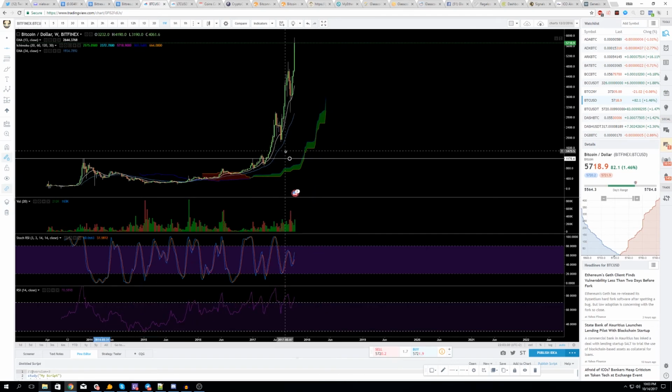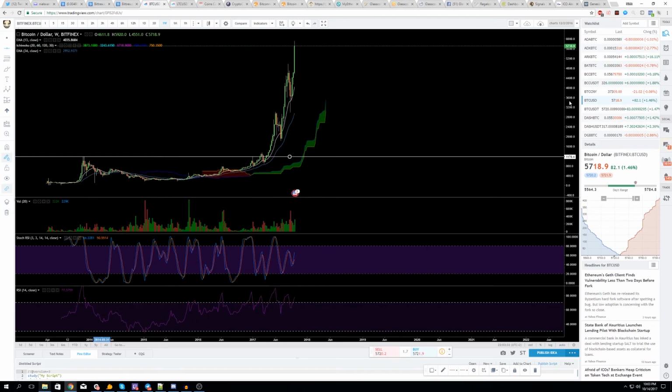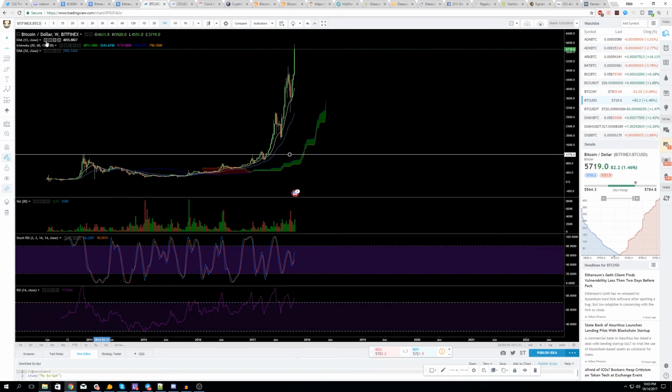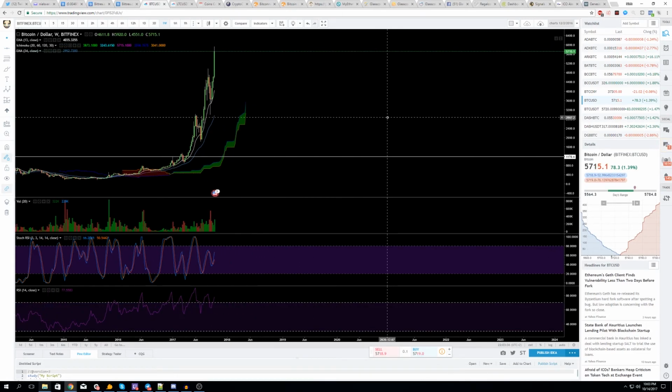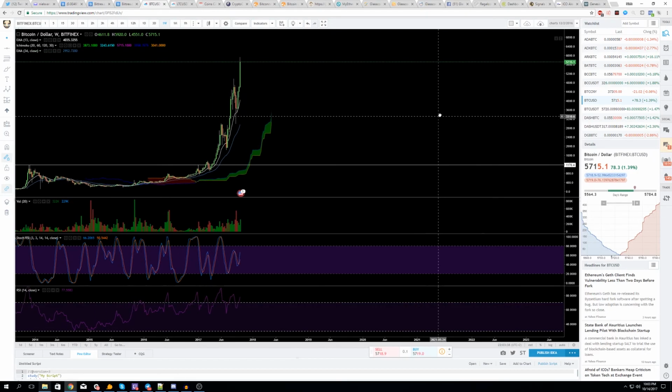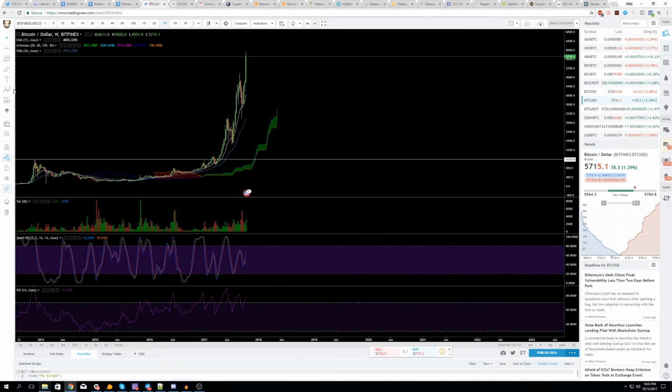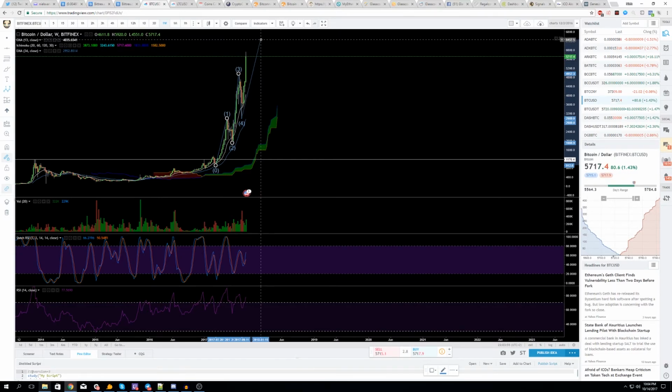So this is where the real breakout happened. Now we're going to look at where Bitcoin is going to bring us. This is where it starts. This is your first wave, 0, 1, 2, 3, 4, and then 5 somewhere up here. It's going to be your 5.